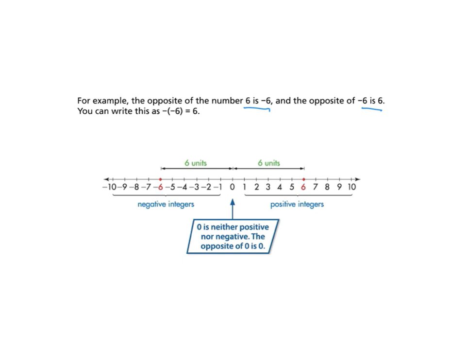I was trying to say that the opposite of a negative number would be the positive number. So it's the opposite of negative 5. I think I was getting ahead of myself.